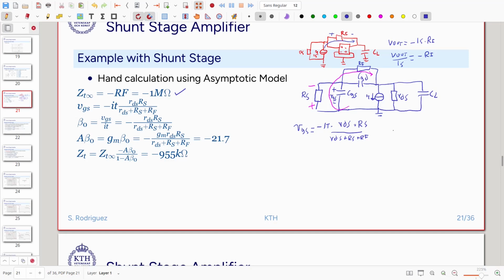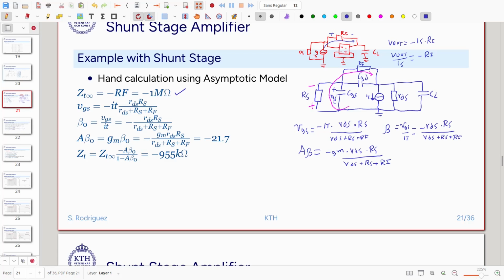So that will be our VGS, and our beta will be equal to VGS divided by IT, and that will be equal to minus RDS times RS divided by RDS plus RS plus RF. And at low frequencies we will have that this is going to be equal to minus Gm times RDS times RS divided by RDS plus RS plus RF.